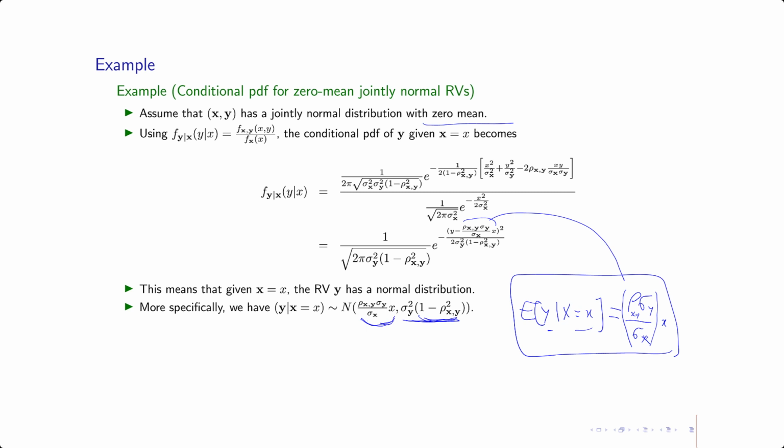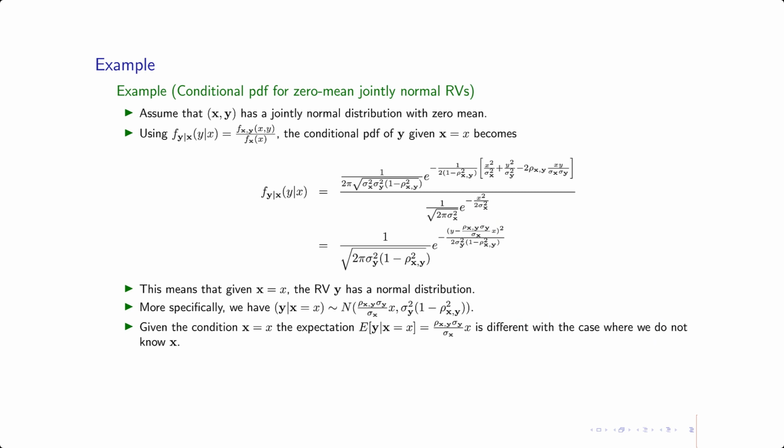So this value is the best mean square error estimate of y, provided that you know x. This is also the best nonlinear estimator of y given x. So in the case of normal distribution, the optimal nonlinear estimator and the linear estimator are equal.